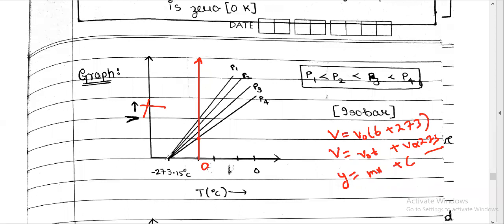So x is negative, then y is 0. Got it, everyone? Understand this.